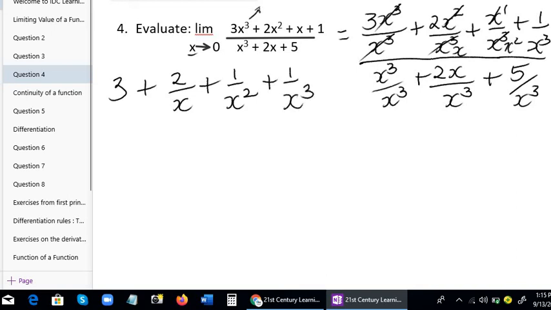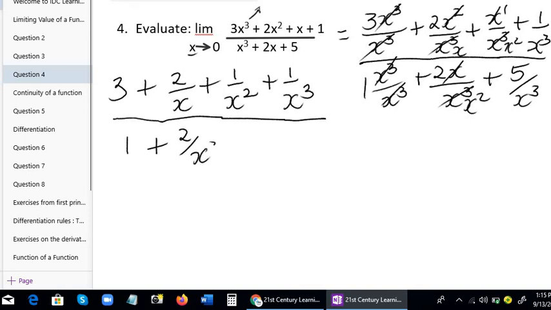Alright, now divide the denominator. X cubed here will give me 1, so I have 1 plus 2x divided by x cubed; we remove 1x from here, I'll be left with x raised to the power of 2, so 2 over x squared plus 5 over x cubed.